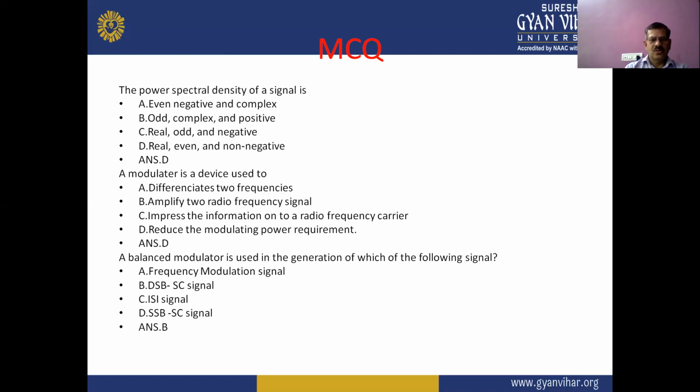So for the generation of double sideband suppressed carrier signal, we use the balanced modulator. We also have different types of modulators, but for DSB-SC signals, we use only balanced modulators. So the correct answer here is option B.